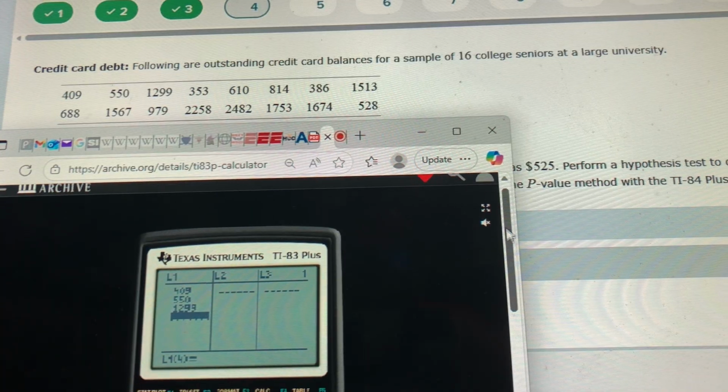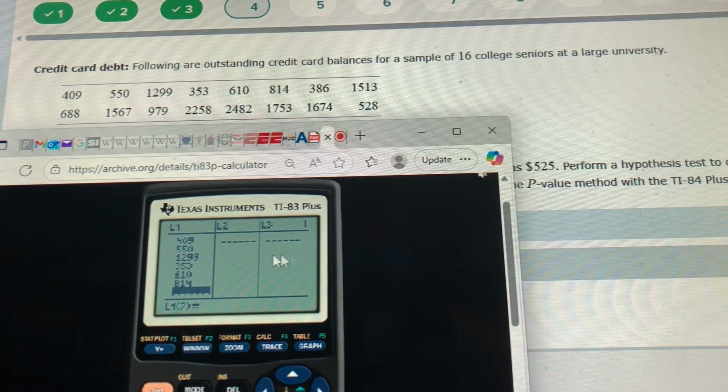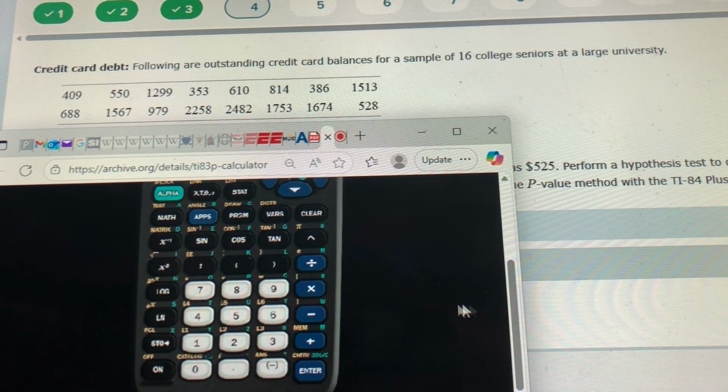Yeah, 550, 1299, 353, 610, 814. So if you have the slightest little typo, then every answer you do after this will be wrong, unfortunately. 386 and 1513.